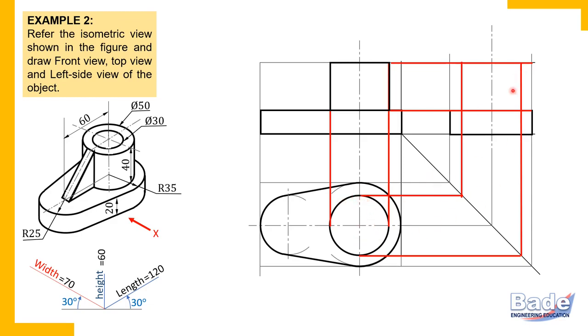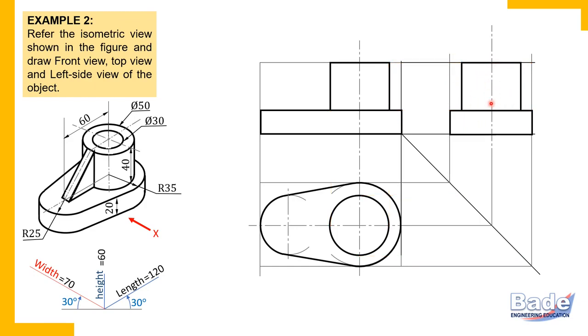End projectors from top view to side view mean the extreme front of the cylinder and the back of the cylinder. These are two ends of the cylinder, front end and back end, so draw projectors. That is why these are called end projectors for this part, that is for the cylinder. And you will get the rectangle between the end projectors. So this is the cylinder in the side view, and this is how we have completed the cylinder in the side view.